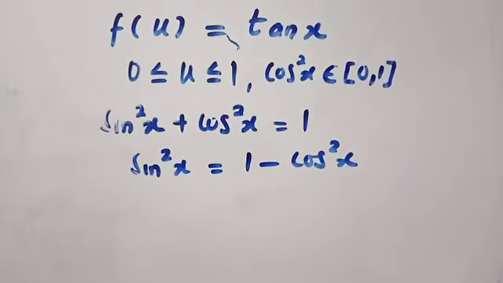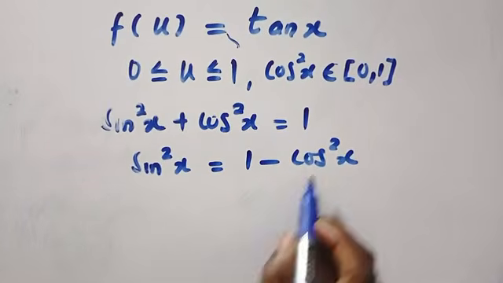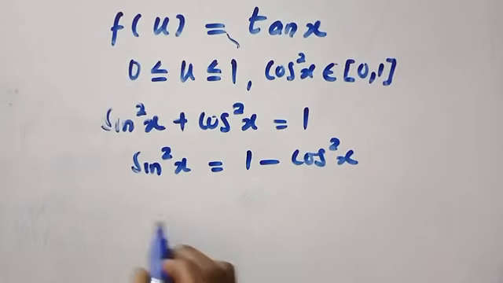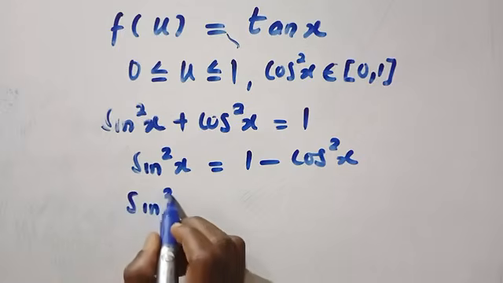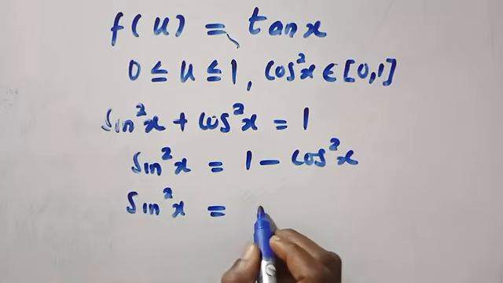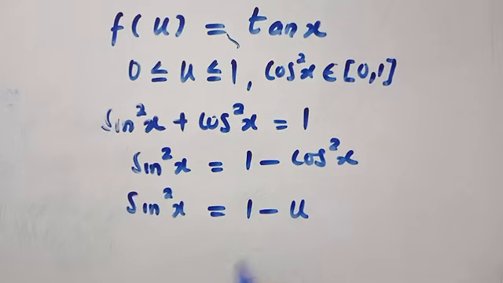Expressing this in terms of u, since cos squared x equals u, sine squared x equals 1 minus u. So we are going to need this later.